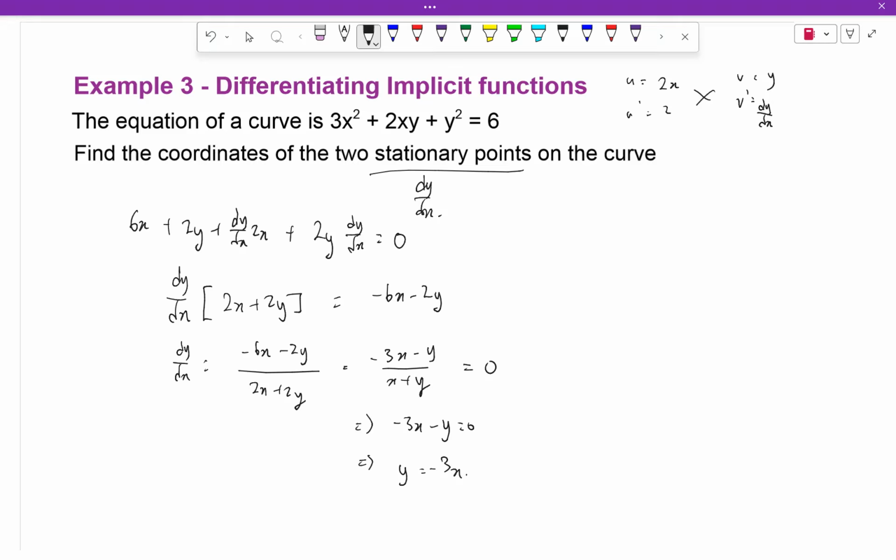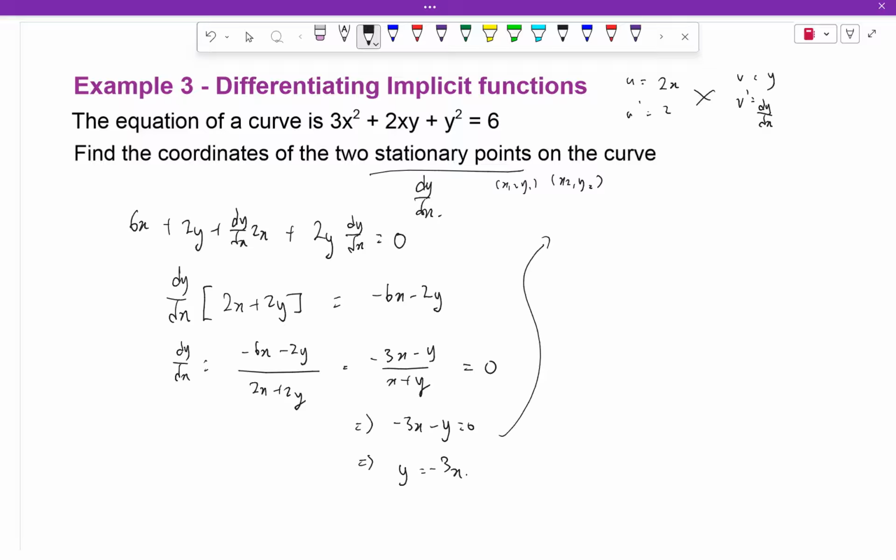Now we have to substitute into our original equation, so that we can find the two stationary points, x1, y1 and x2, y2.